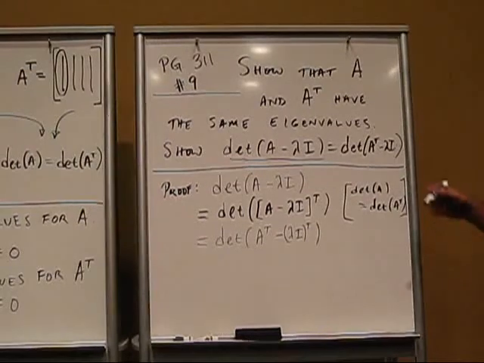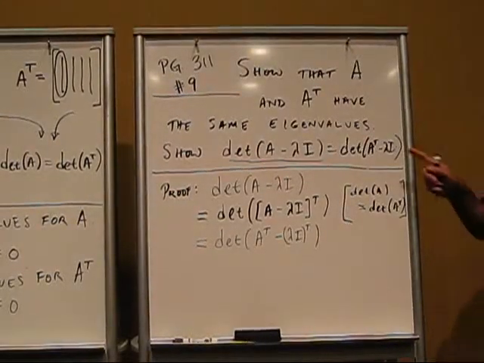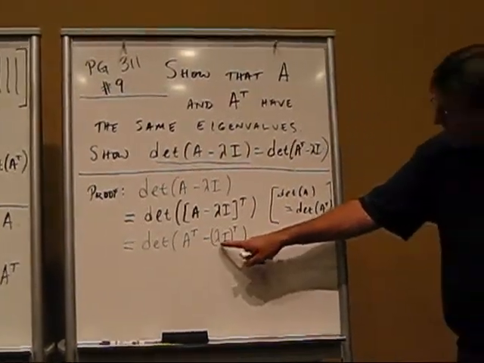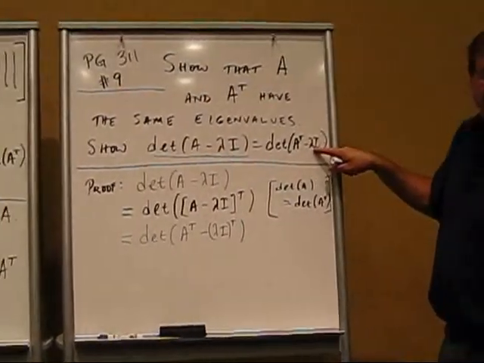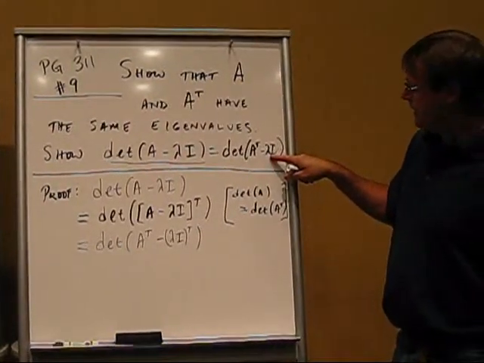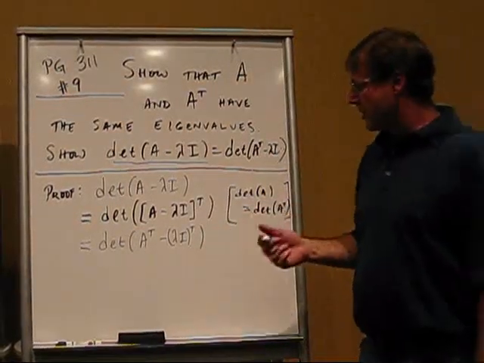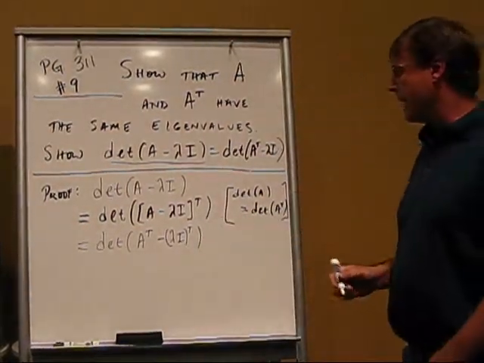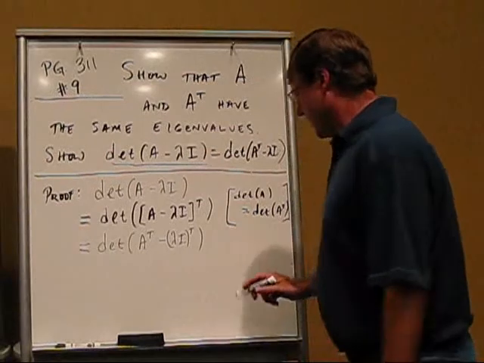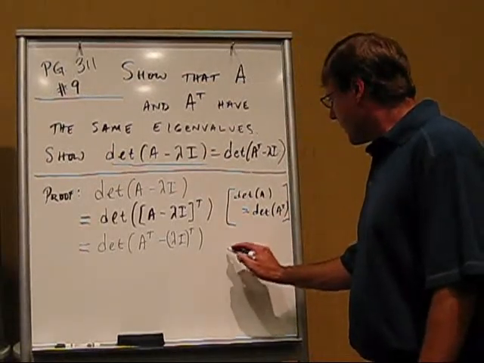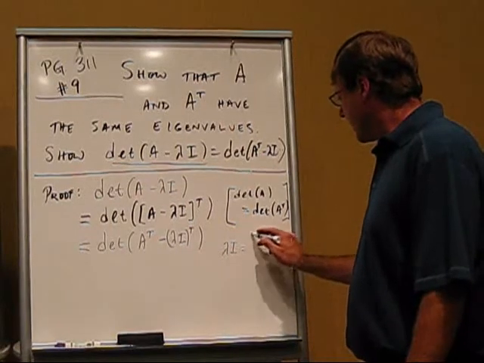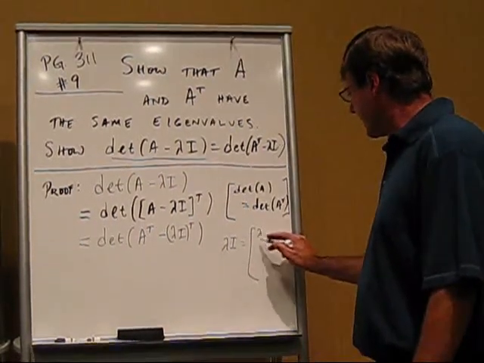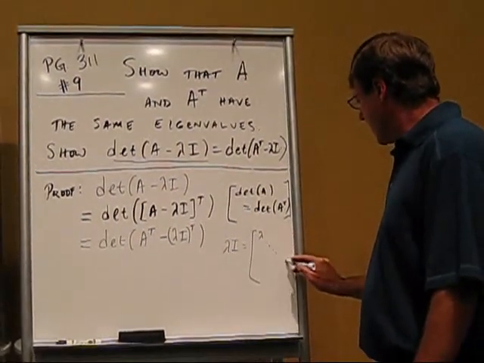So looking ahead again, what I'd really like is, see, this is a problem. I've got lambda I transpose, and I really want lambda I. So you have to ask yourself, is lambda I equal to lambda I transpose? Well, let's take a look. Lambda I, what does that look like? That looks like a diagonal matrix with lambdas.